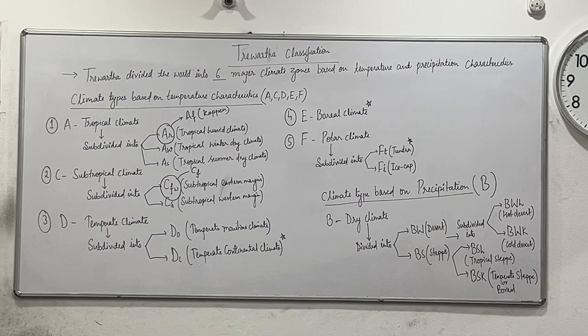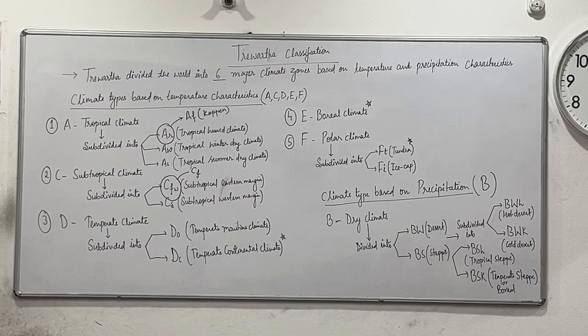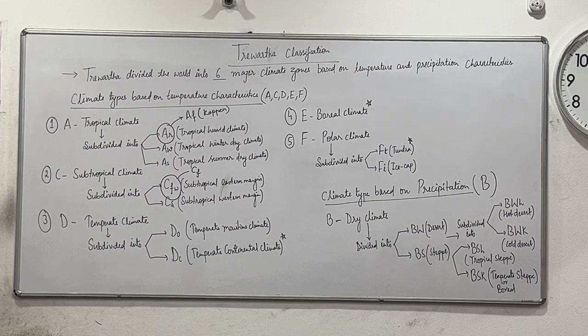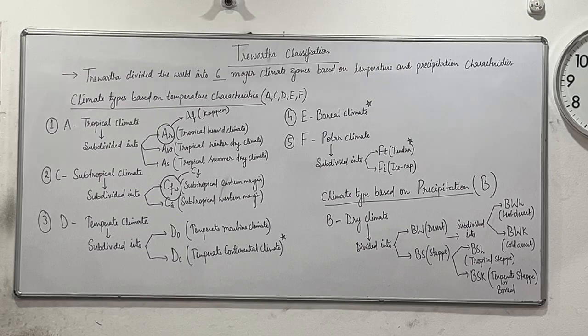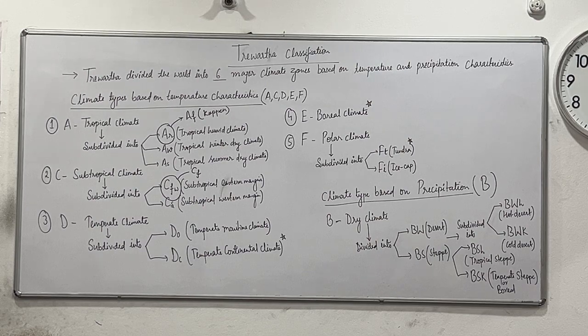And he did not include other meteorological conditions or phenomena like the jet stream or air masses. These were not included by Trivarta. Yes, just like Köppen, he also talked about the distribution of land and water having an important influence upon temperature and precipitation. Okay, so these were some of the observations we have with regard to the Trivarta classification.